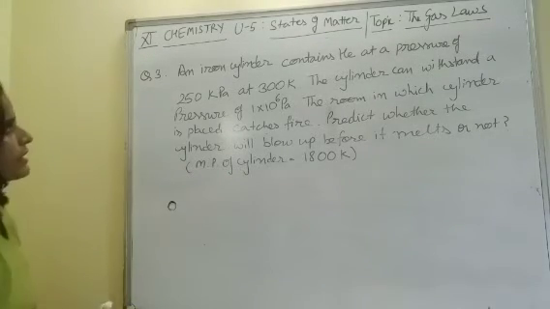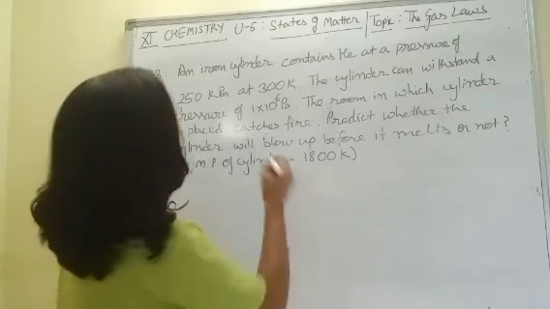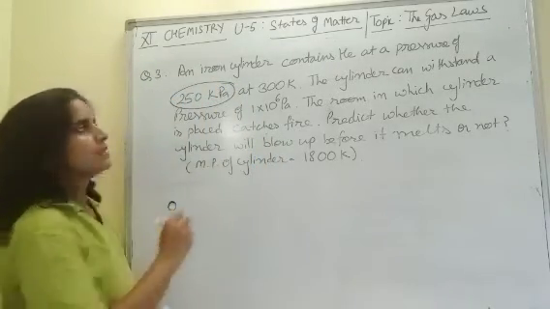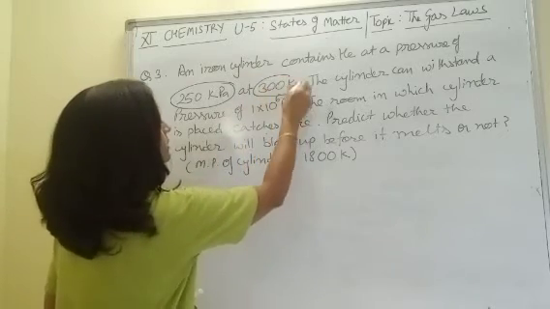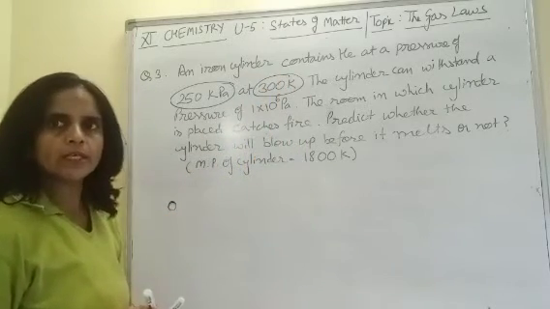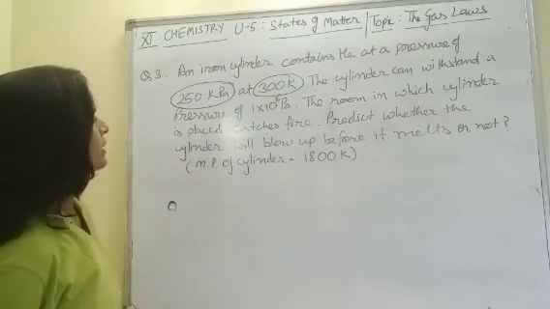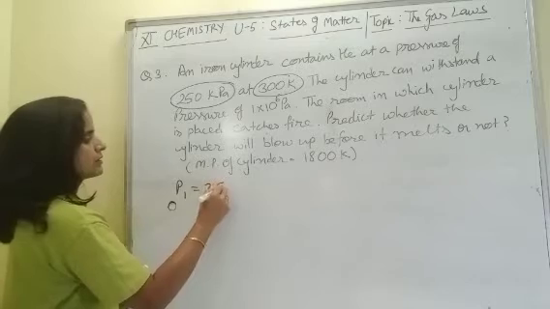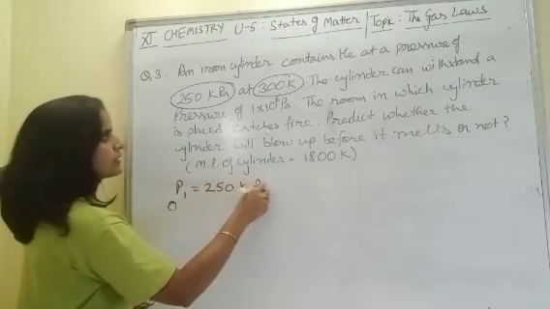Again check what parameters are given to you. First given is pressure 250 kilopascal. Then temperature is given 300 Kelvin. So initial pressure, initial temperature, just note down P1 250 kilopascal.